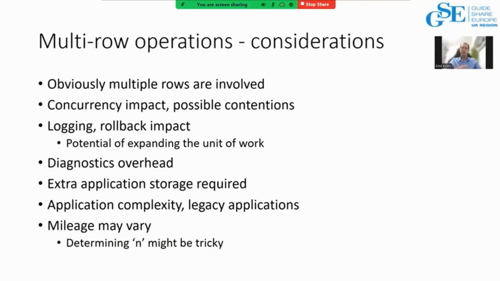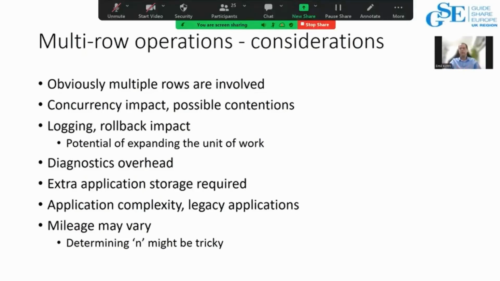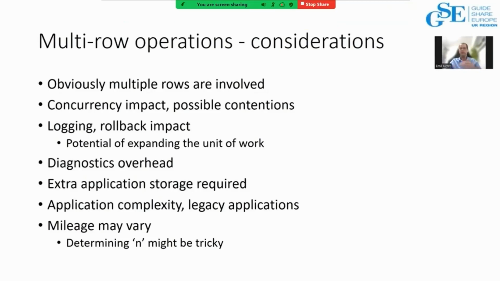There might also be some logging and rollback impact. Imagine that you now have a bigger unit of recovery. Maybe before you were using a single row operation, you just committed after every single insert or maybe after a few inserts. But now, if you have a large batch, your commits will be larger. So you need to think about it as well.